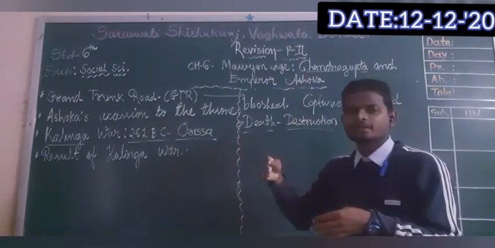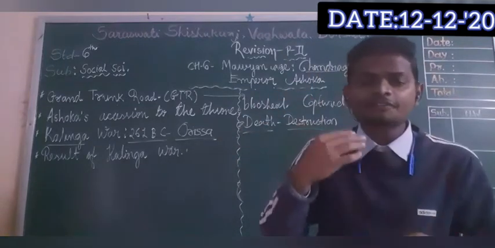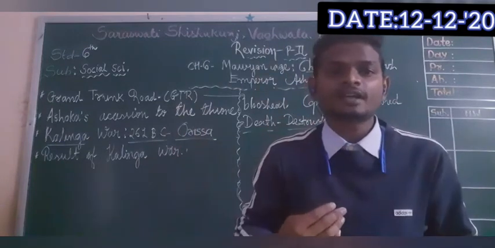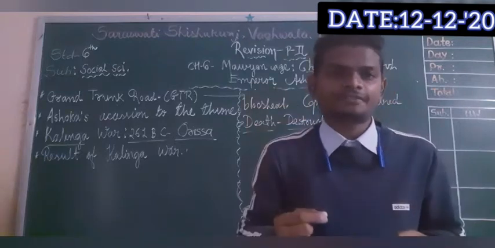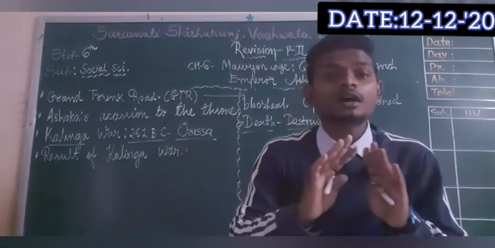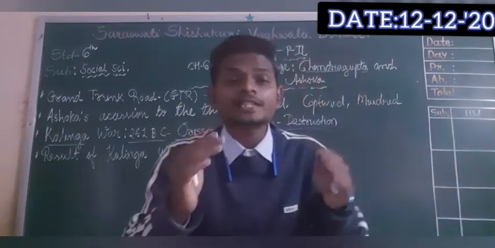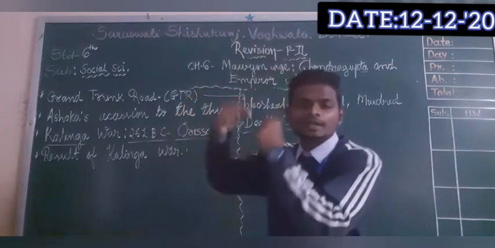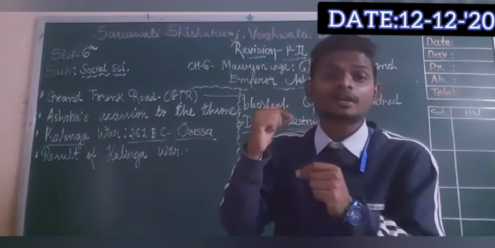But from inside, King Ashoka, after defeating Kalinga, was unhappy, and it led to a change in his life. After winning the war of Kalinga, he was unhappy, discontent, not satisfied, because this kind of bloodshed was continuously going on.